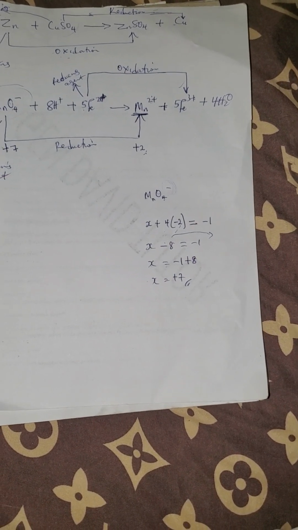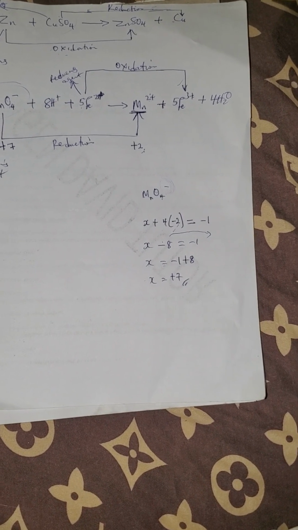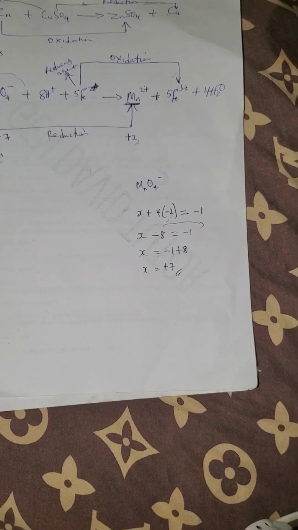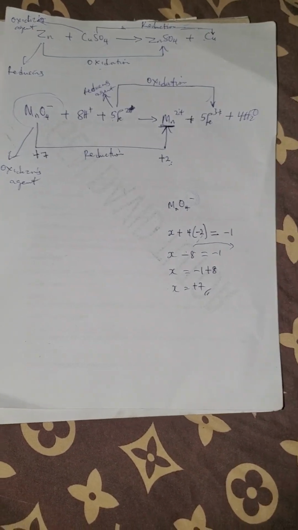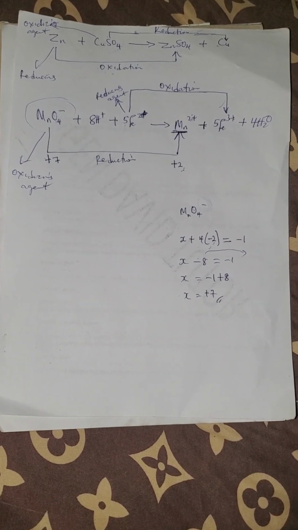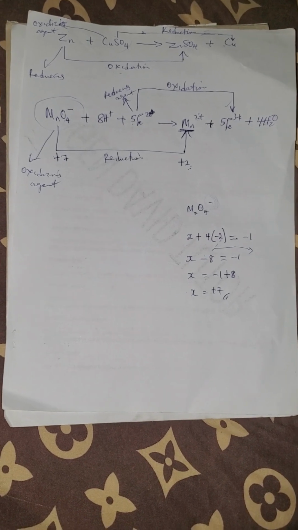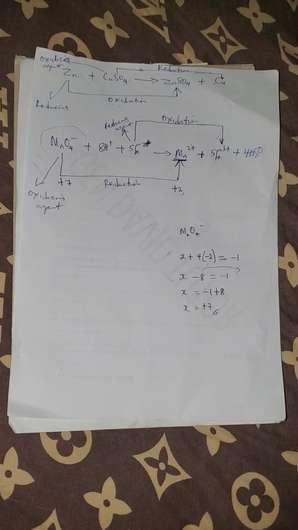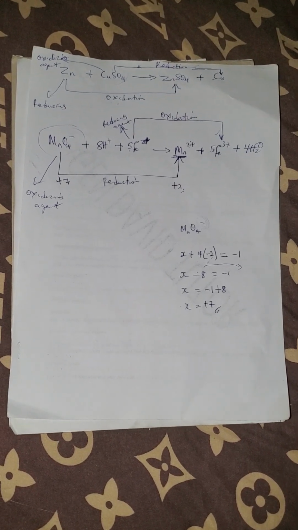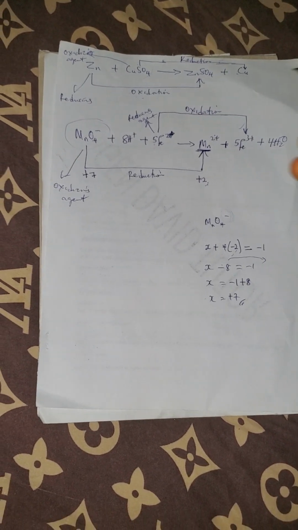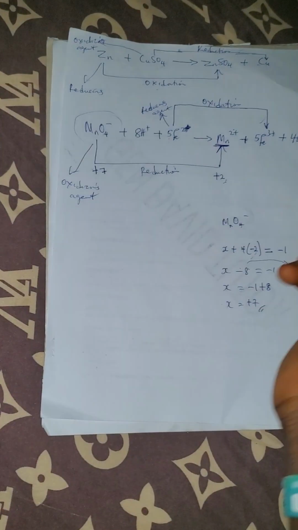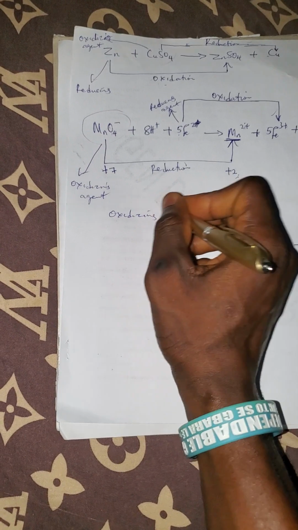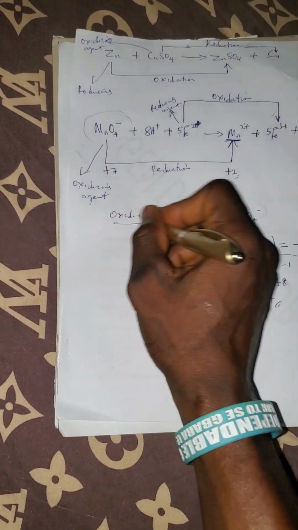If you are talking about the oxidizing agent, you have to know that the majority of electronegative elements are oxidizing agents. I repeat, the majority of electronegative elements or compounds are oxidizing agents. Let me give you some common examples of oxidizing agents.